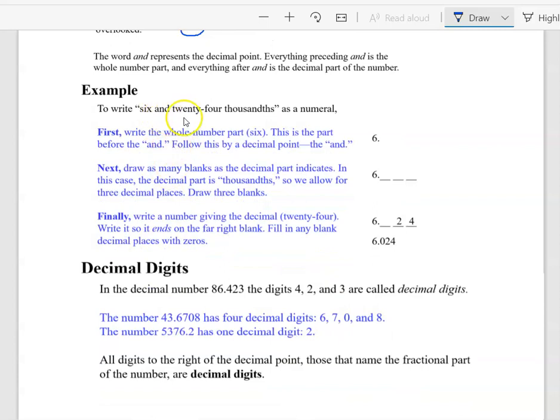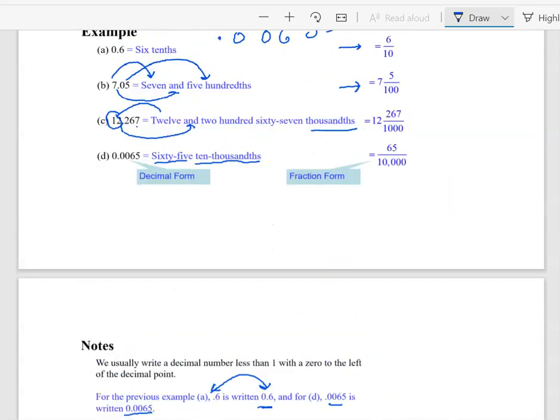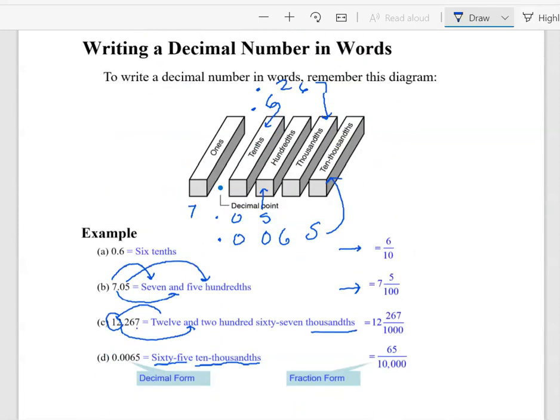So to write 6 and 24 thousandths as a numeral, first you're going to write the whole number part, which was the 6, and then you're going to put a decimal after it. Next, draw as many blanks as the decimal part indicates. So in this case, the decimal part is thousandths, and if we go back up to our tenths, hundredths, thousandths, there would be 3 spaces for that.